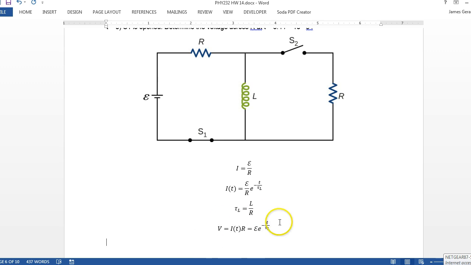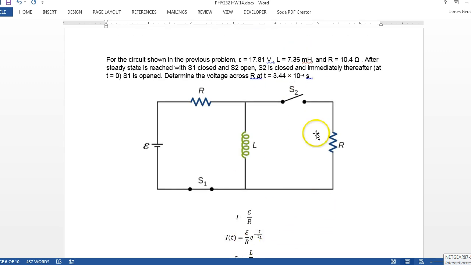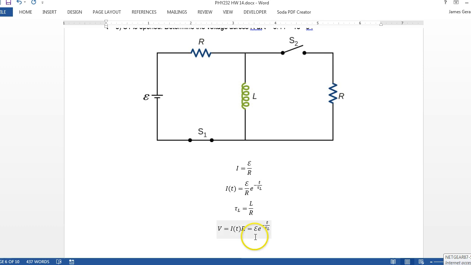And so this is the equation for the voltage across R as this decays. At this point you just have to calculate tau sub L, take in the time, and you have everything you need to calculate this voltage. And that's it for this problem.